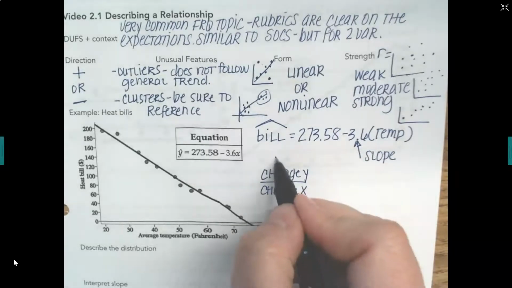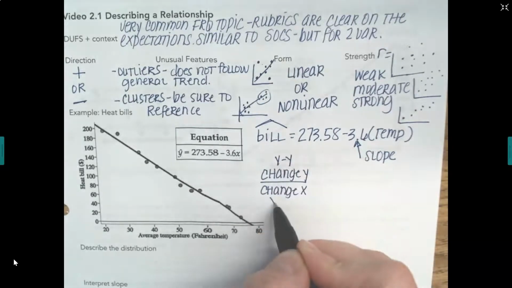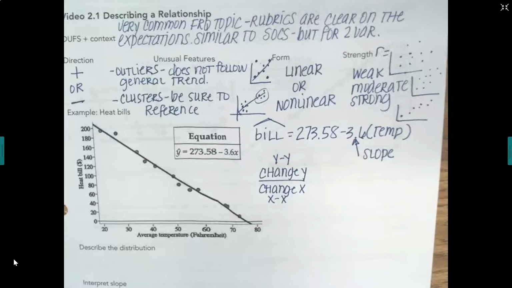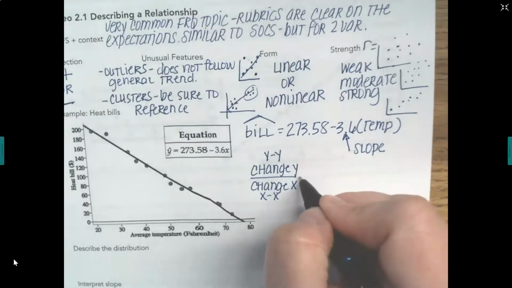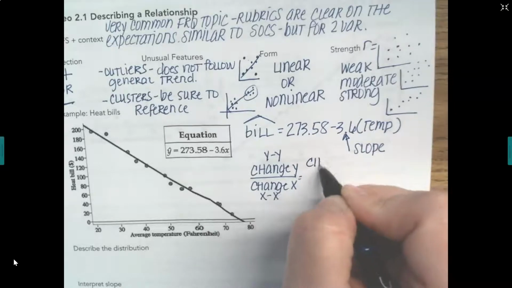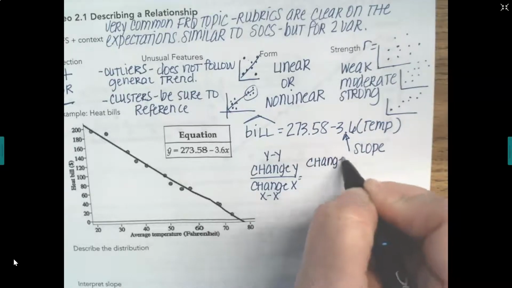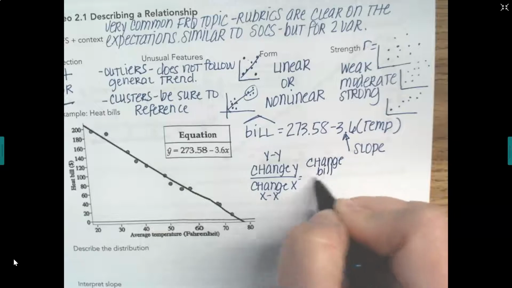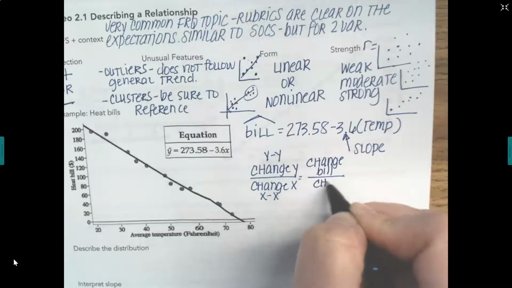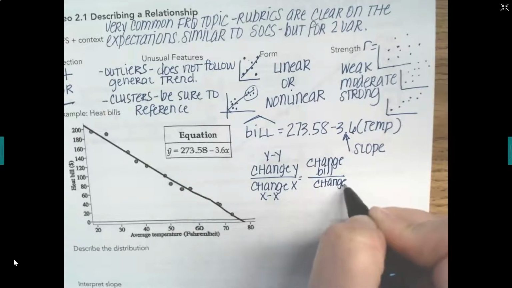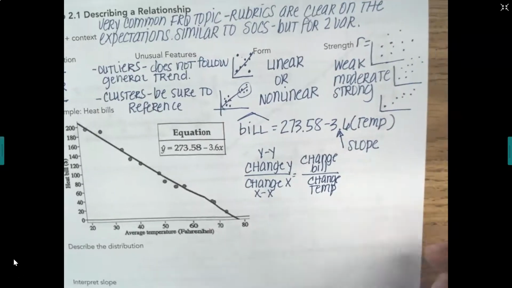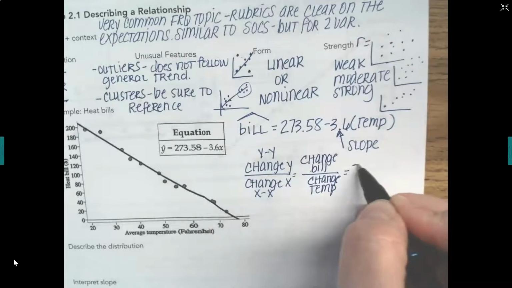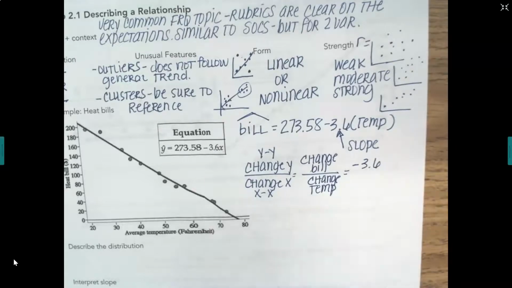So that was y minus y divided by x minus x, our slope formula. In this context, we're talking about the change in the bills divided by the change in the temperature. And when that happened, we got a number, negative 3.6.